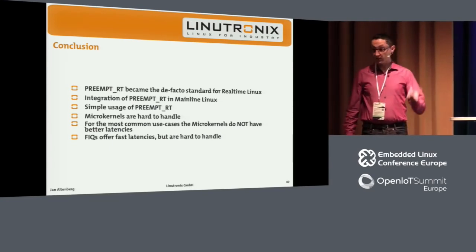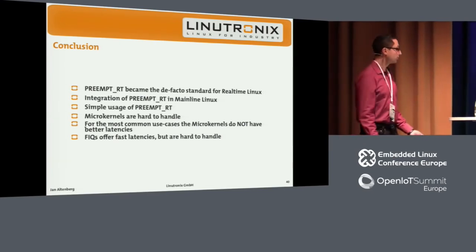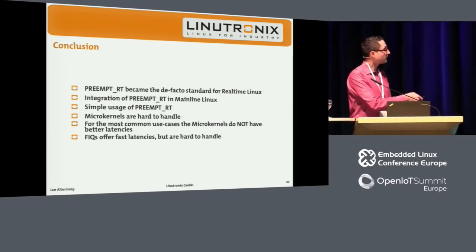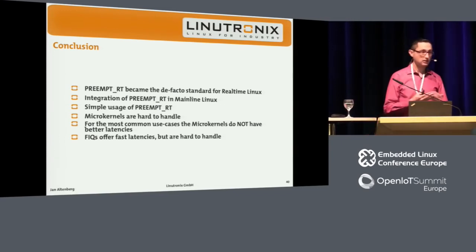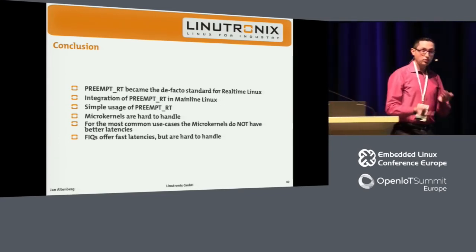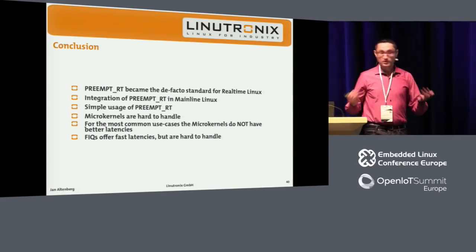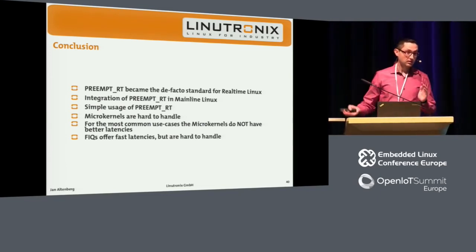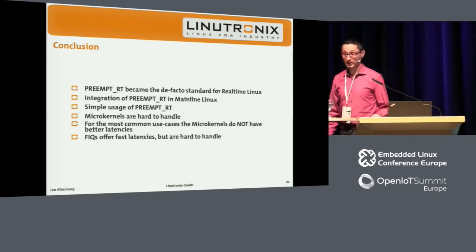You can use the standard C library, nothing special. It's available for every second kernel version, so it's the standard, it's easy to use, and for most of the use cases, the microkernels don't have better latencies, so the latencies you can get are really comparable. So if I should give you a recommendation, preempt RT would be the way, because it's the standard and the latencies are pretty good.